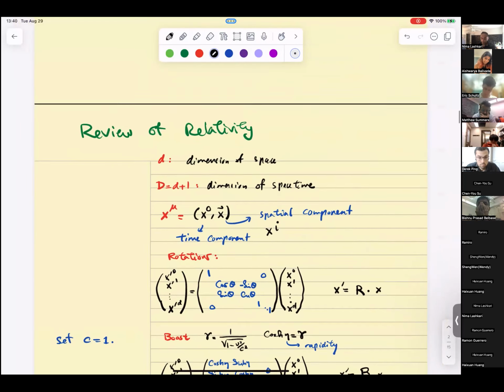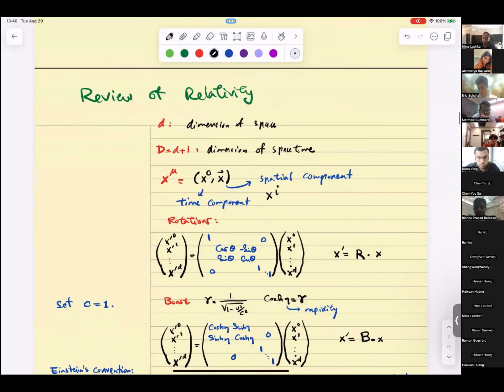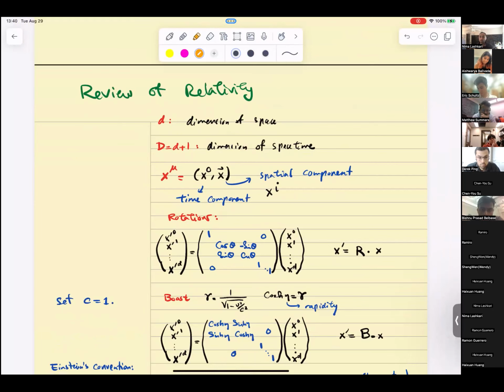All right, so review of relativity. Stop me whenever you feel something is unclear. So here's the notation we're going to use. I'll try to stick to the notation. I might sometimes deviate from this, but hopefully it will become clear from the context. Little d is going to be the dimension of space, and d plus 1, or capital D, is going to be the dimension of space-time.